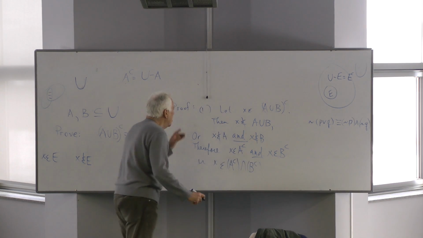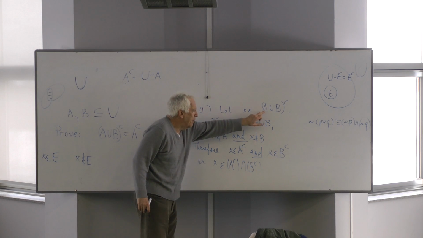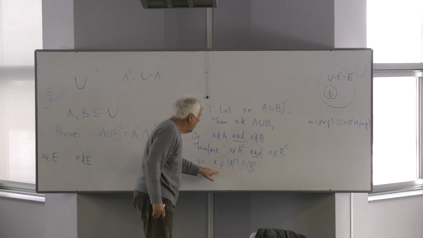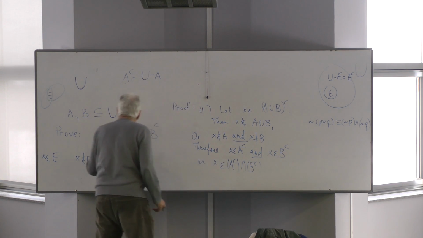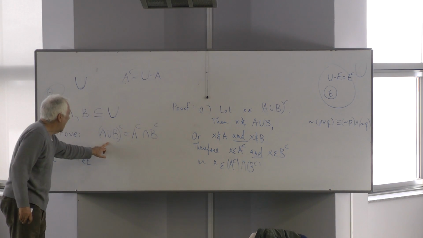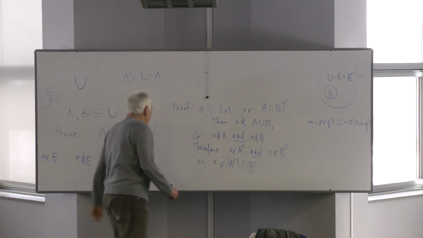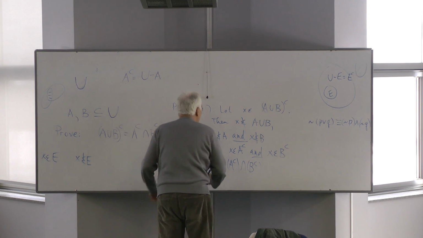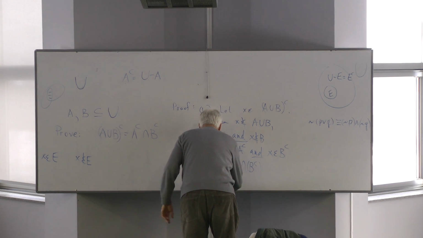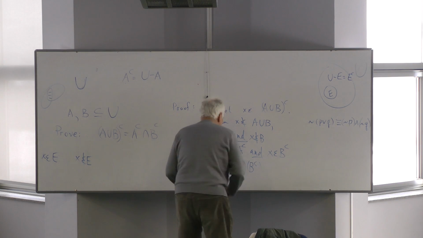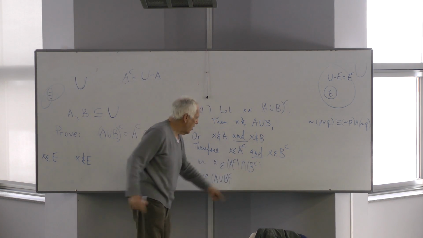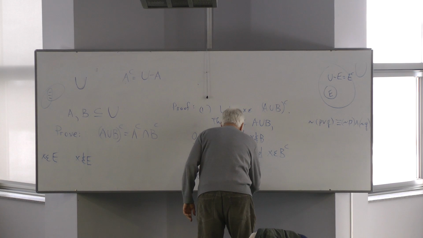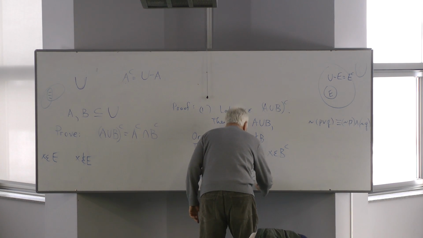Now look, we started with an arbitrary element here, and we have shown that it's here. So every element in the left side is in the right side. Hence, another therefore type word, hence, this first set, (A union B) complement, every element there is here, or this is a subset of A complement intersect B complement.